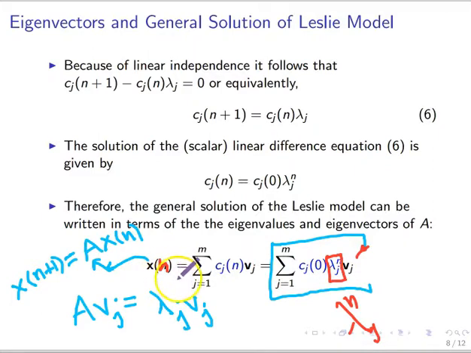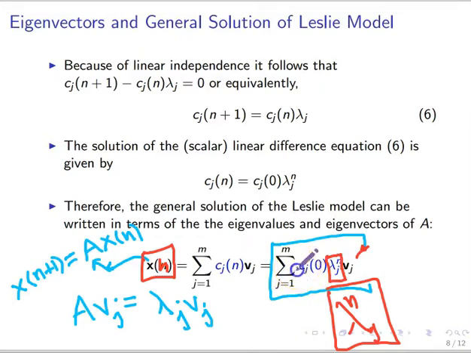So at the n-th time step, that solution x at n is going to be influenced heavily by the n-th power of every eigenvalue. So this is j going from 1 through m. Lambda 1 to the n, lambda 2 to the n, lambda 3 to the n, every single eigenvalue raised to the n-th power is making a contribution to the population sizes of all the age groups.